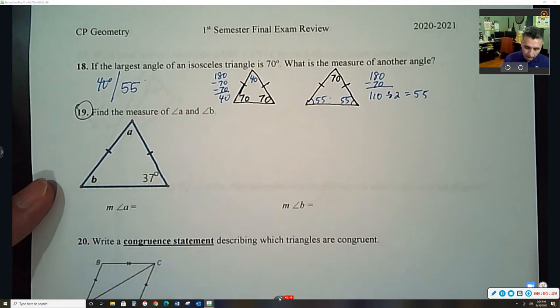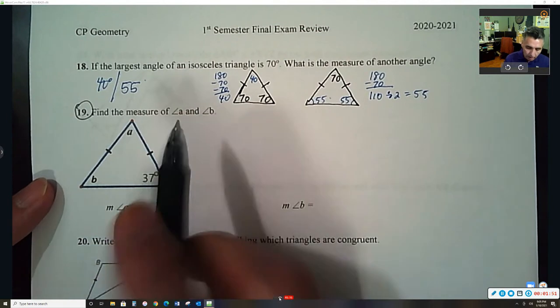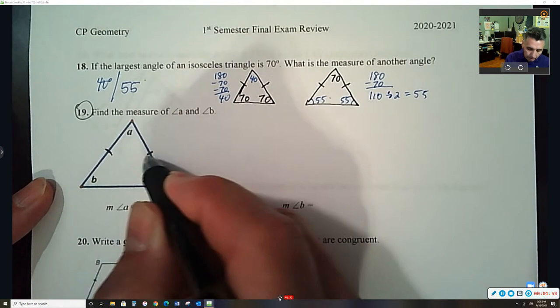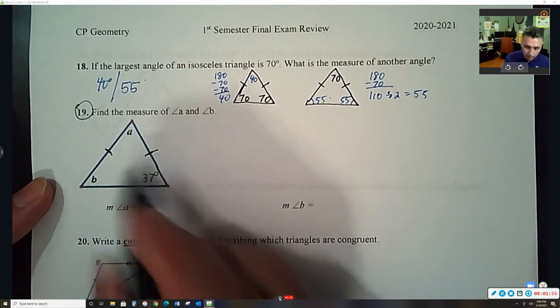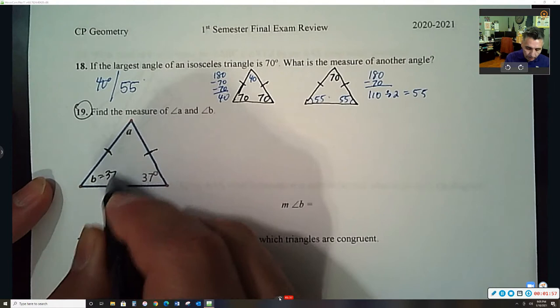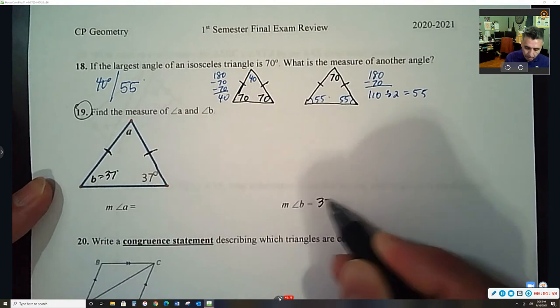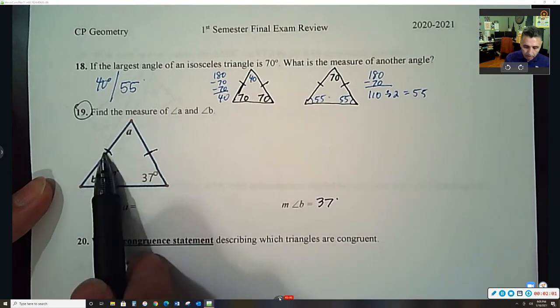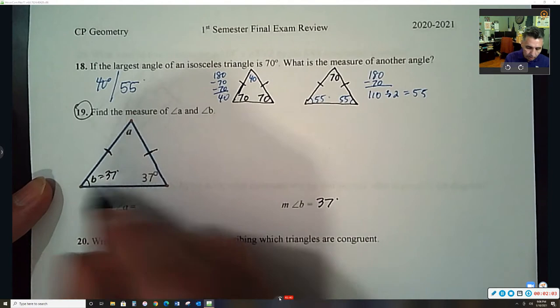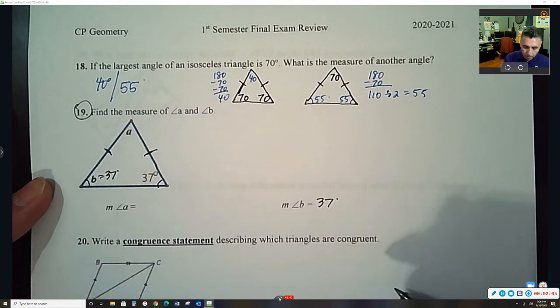If we look at 19, because these marks are here, I know this is an isosceles triangle, and I know right away this bottom one is 37 degrees. Remember, for an isosceles triangle, these two sides are equal, and then these two base angles are also equal.